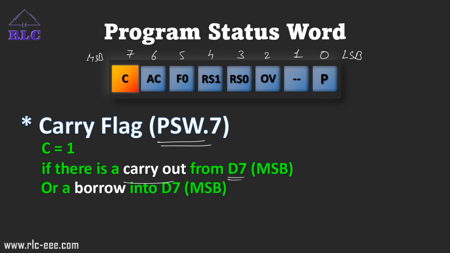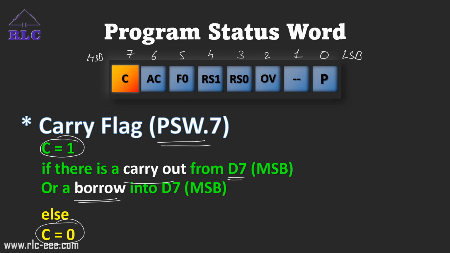If there is a borrow into the D7 bit, then also the carry flag will be set to 1. The carry flag will be set to 1 in 2 conditions: when there is a carry out from the D7 bit, or if there is a borrow into the D7 bit. Otherwise, the carry flag will be set to 0.